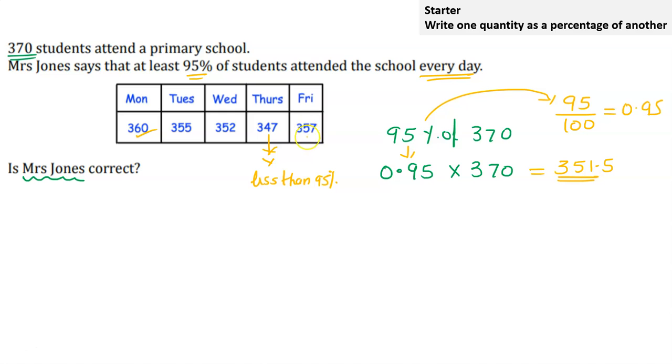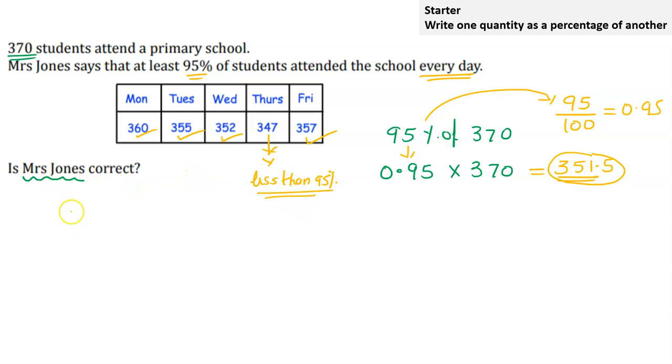Friday attendance 357 is more than this, so that's okay. 352 is more than 351.5, so that is also okay. 355, any number greater than 351.5, means at least 95% of students attended. It can be more than 95%, but at least. But on Thursday, less than 95% of students attended.